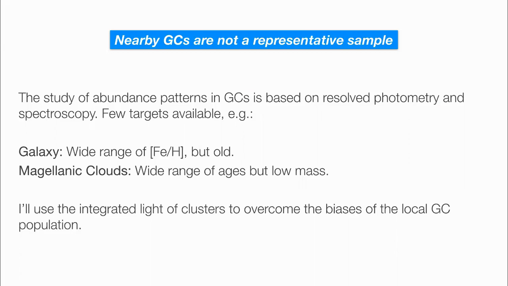Although in the Milky Way we have a wide range of metallicities in globular clusters, they are all very old, so we cannot test the dependence on age. On the other hand, in the Magellanic Clouds we have a wide range of ages, but we cannot test the mass dependence because they are pretty low mass. So to overcome these biases, I'm taking a new approach that allows us to study more distant clusters to compile an unbiased sample of clusters to test this phenomenon.